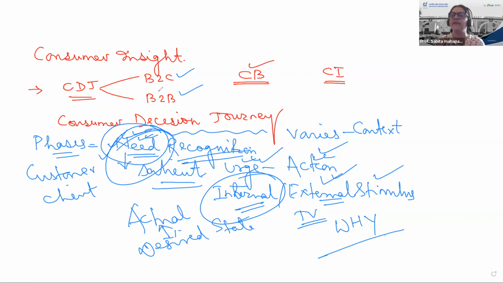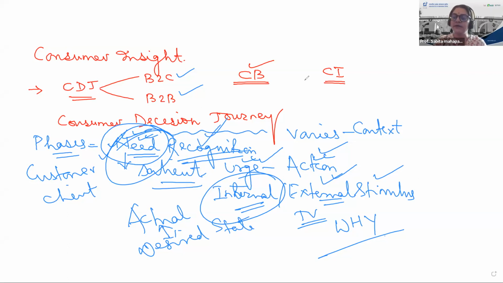To start with, I started with the consumer decision journey in the B2C context. So figure out that you are the consumer and I am the marketer. The first phase of the decision journey starts with need recognition. So I wrote over here need recognition. So when you are talking about need recognition, first of all, you need to understand what you mean by need recognition.